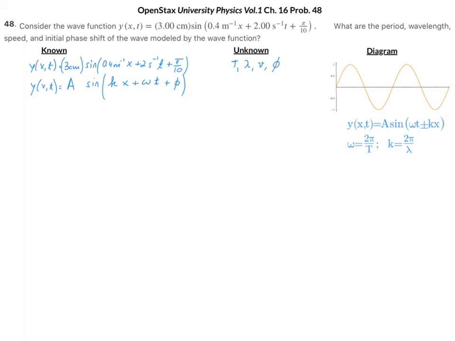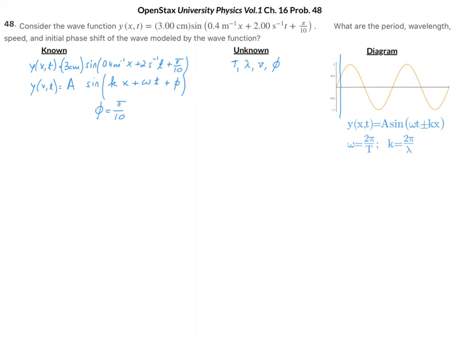So the wave doesn't really start at 0, it starts somewhere else. So this axis wouldn't go through the equilibrium point of the wave, it would go through somewhere else. So we automatically see that this phi is pi over 10, so our axis should have been somewhere here. This should have been our x and t equals 0, and that would be the pi over 10 phase angle. So let's just write that down.